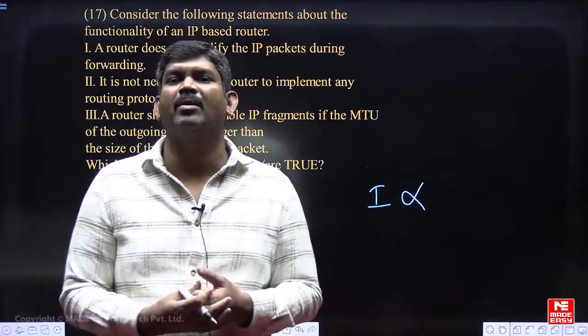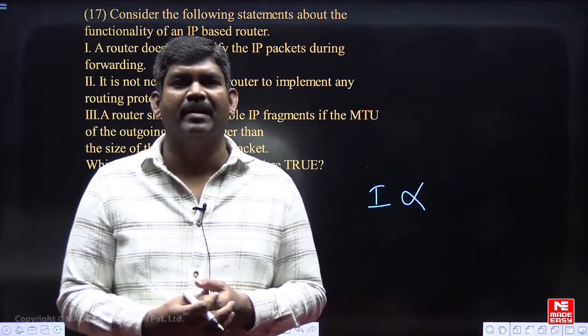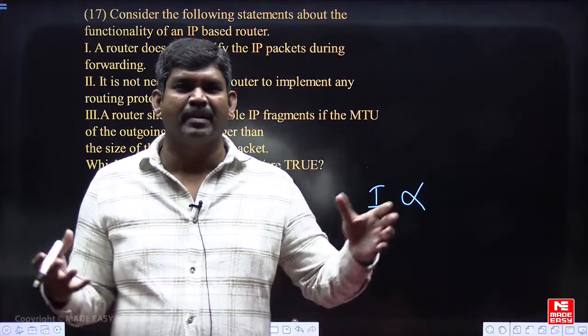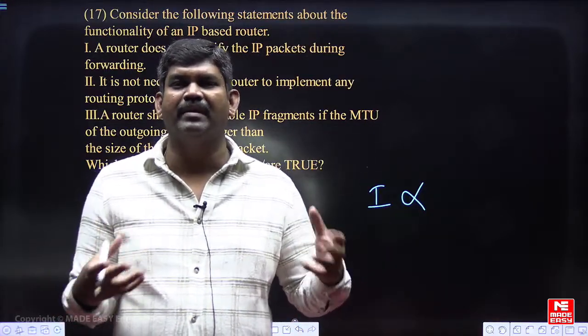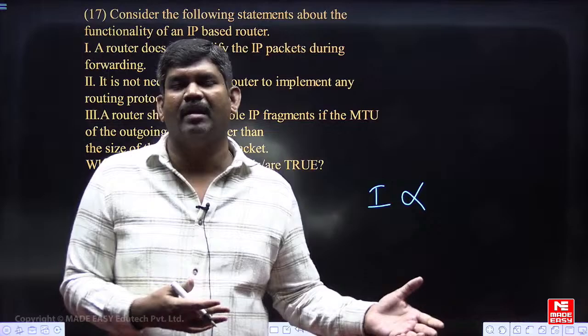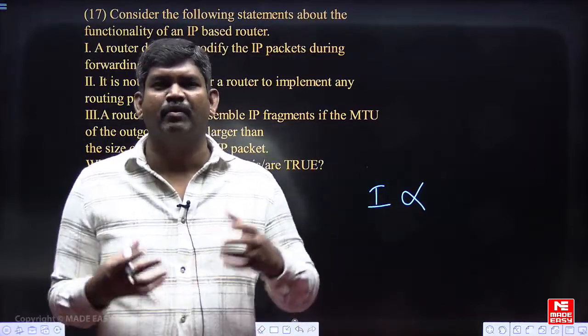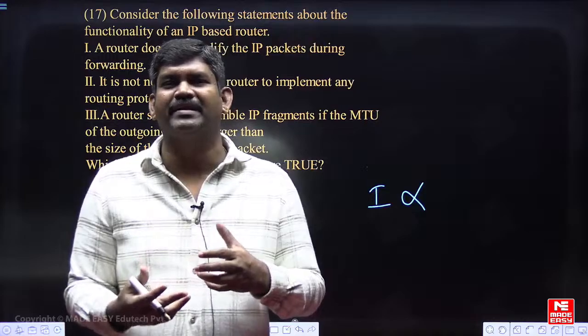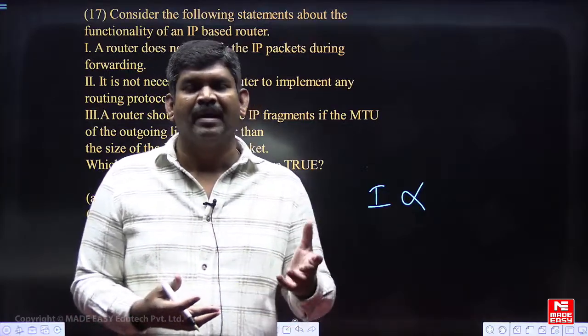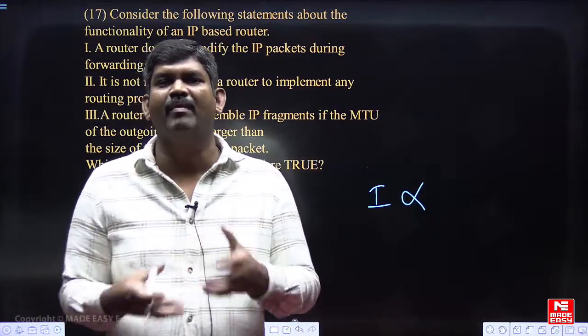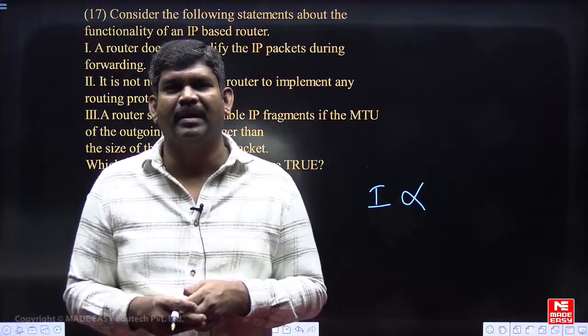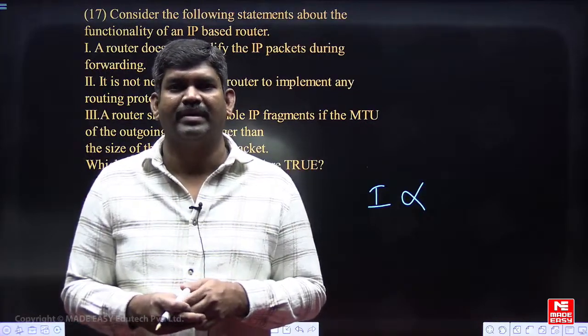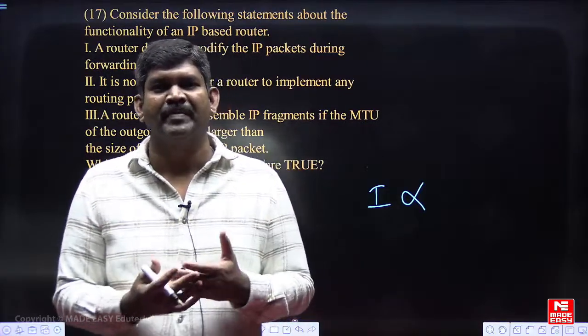High performance routing comes up these days because the bandwidth being provided is in gigabits and terabits of data. Whether the routers are capable of processing packets that fast, and how high performance routing is done, is available in advanced computer networks. So these topics are involved.